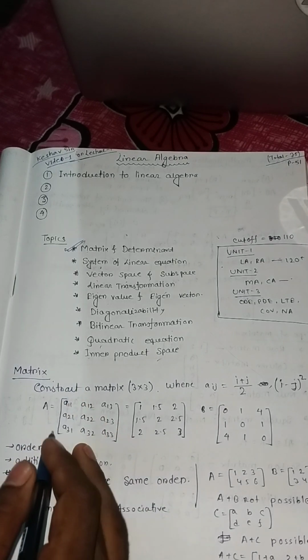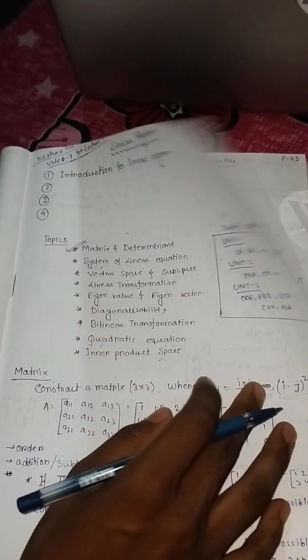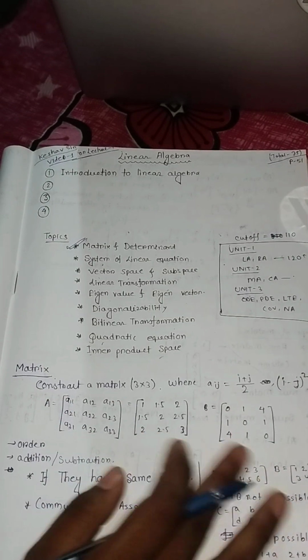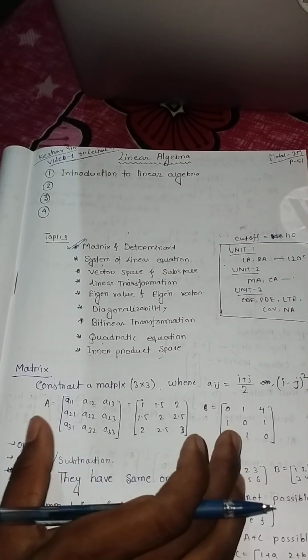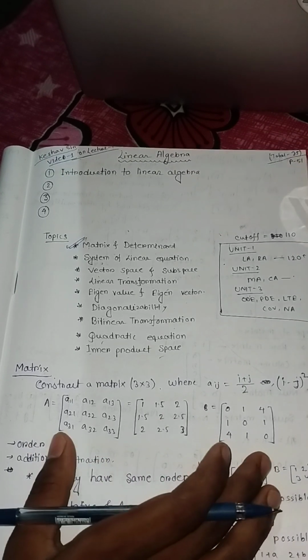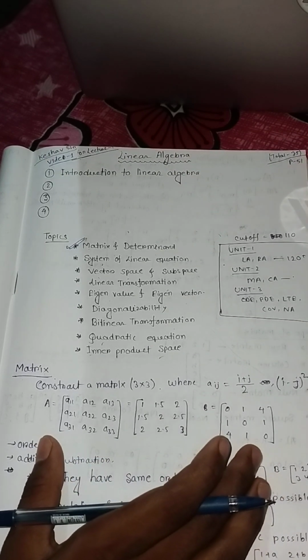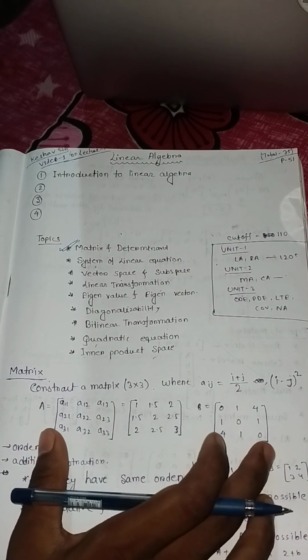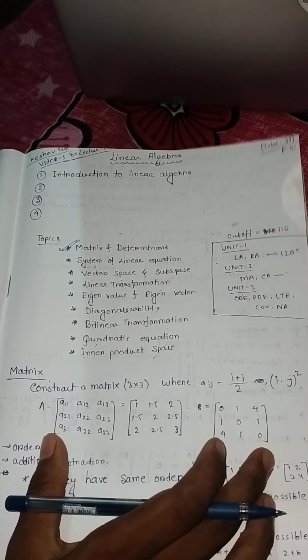First of all, matrix. Before giving the definition of matrix, I want to give an example, and if I give you an example, then you can understand properly what it actually means.